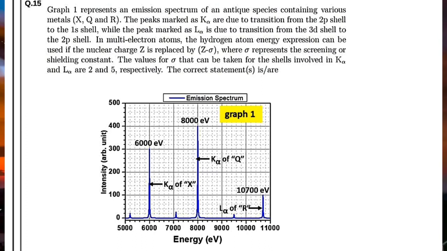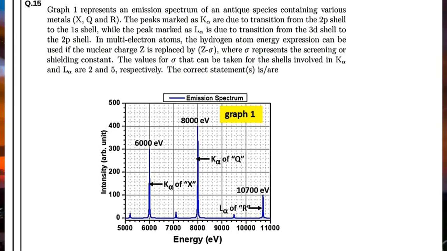In multi-electron atoms, the hydrogen atom energy expression can be used if the nuclear charge is replaced by Z minus sigma, where sigma is the screening constant or shielding constant. The values of sigma that can be taken for shells involved in K alpha and L alpha are 2 and 5 respectively. The correct statement is R.